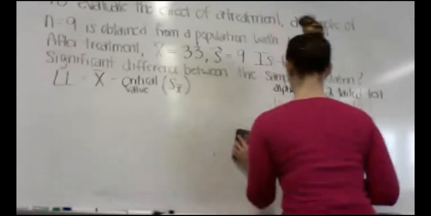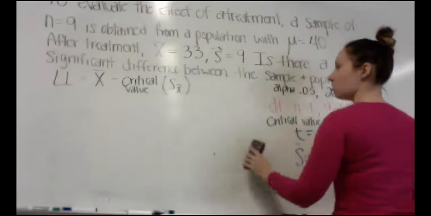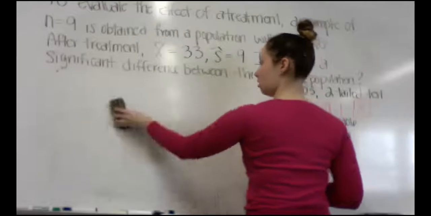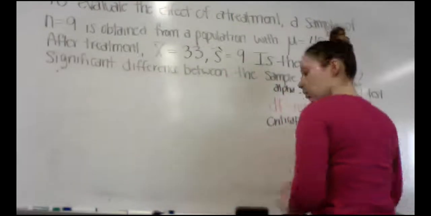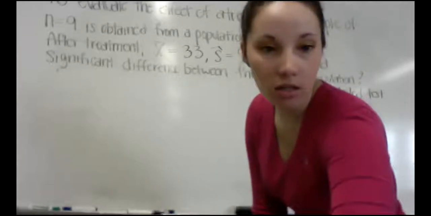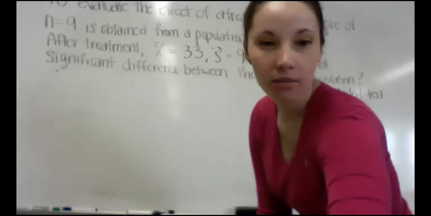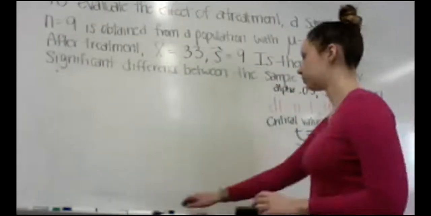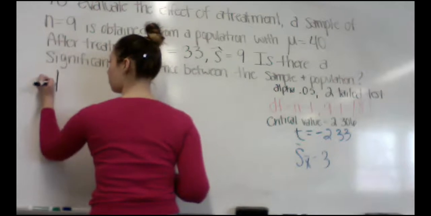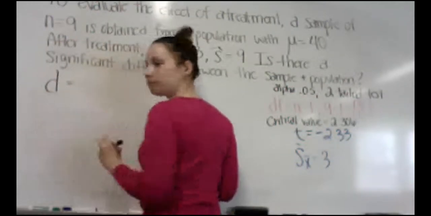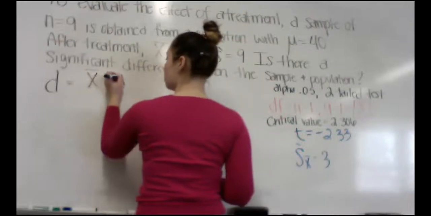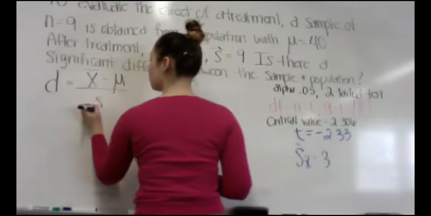Our formula for Cohen's d is sample mean minus population mean over sample standard deviation.